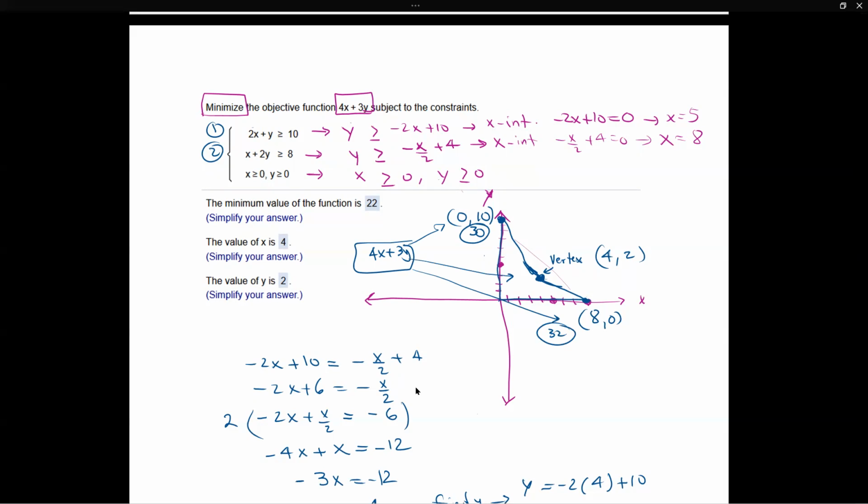With this one, it's 4 times x, which is 4 times 4 plus 3 times 2, which is 16, right? Plus 6, which is 22. So 22 is the winner here. That's where it's minimized. That's the minimum. 22 is less than 30 and less than 32. So the minimum value of the function is 22, and that happens at (4, 2).